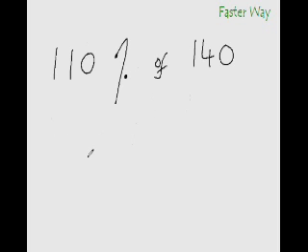Once again, find out what is 110% of 140. Break this into two friendly parts, 100 and 10. You know that you don't have to find 100%, it is the number itself.